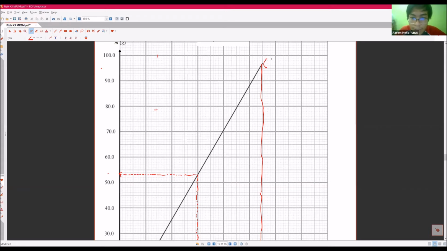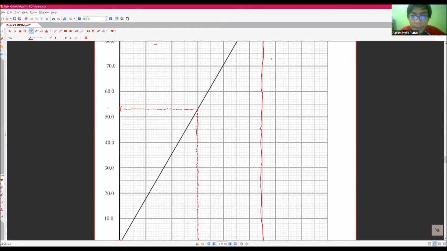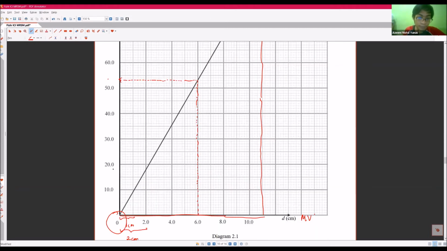Then the coordinates. So this is 11.0, so 99, 98, 97. And then this is 0, 0.